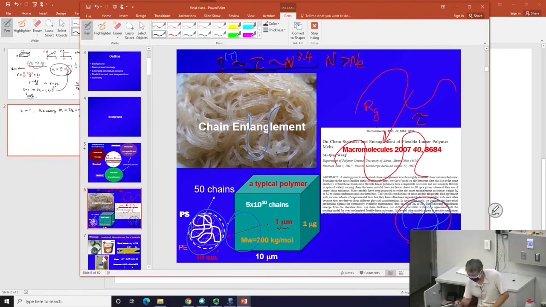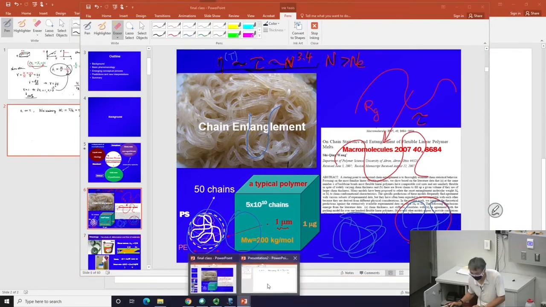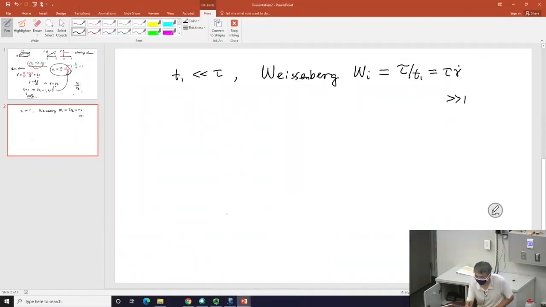So suppose this chain is being grabbed on and being sheared. So this is your shear. Imagine this chain. Let me switch back to my other file here.